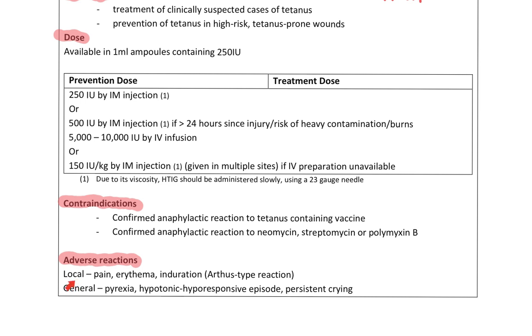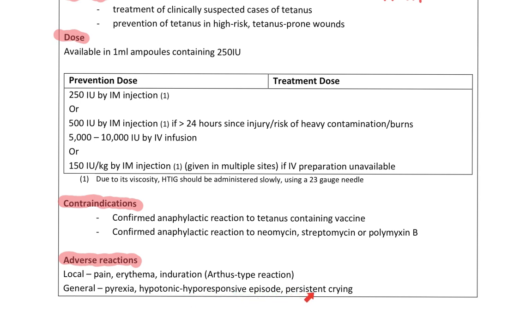So we have adverse reactions. Let's look at what patients can do continuously. Local reactions. We have pain, erythema, induration, in brackets, Arthus type reaction. Then we have general. We have pyrexia, hypotonic hyporesponsive episode.